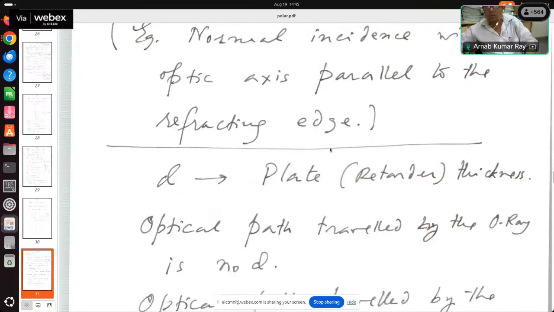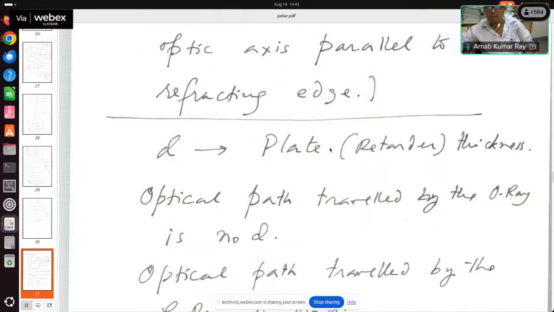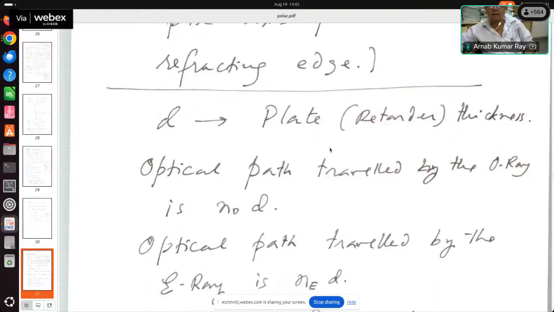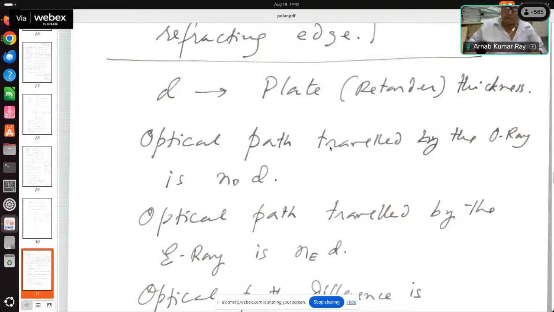Okay. So let us have a retarder plate of a certain thickness d. Now, two rays are passing through this retarder plate, one the O ray and the other the E ray. Now, it is a matter of simple theory in geometrical optics that we don't actually follow light.